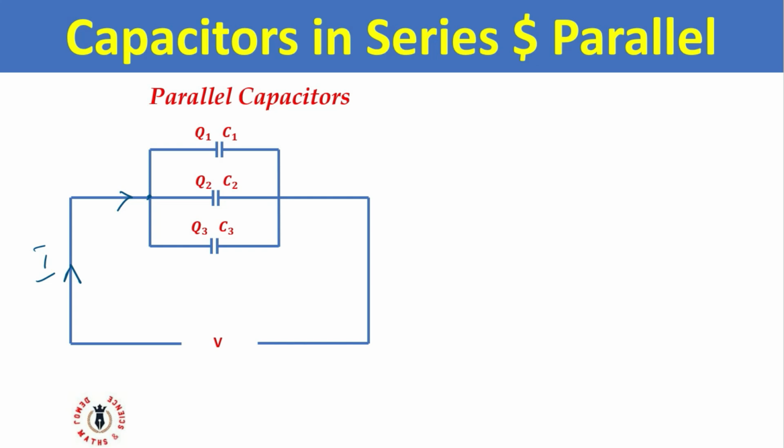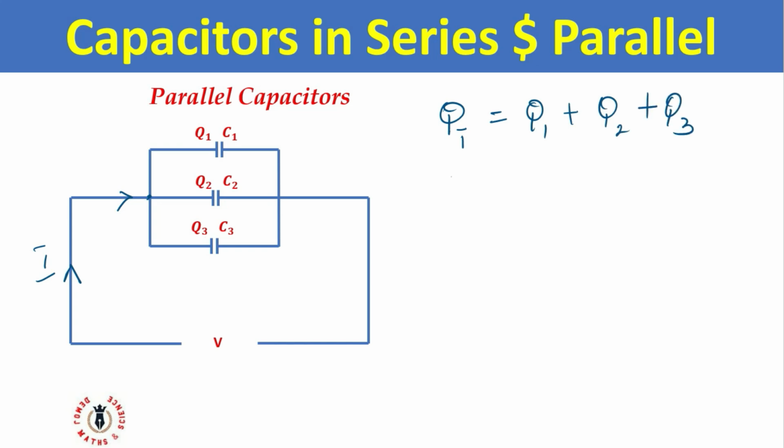But for the voltage, just like we saw in resistors in parallel, the voltage across the capacitors would actually be the same. So if the charge is going to be different, the total charge QT will be equal to Q1 plus Q2 plus Q3.